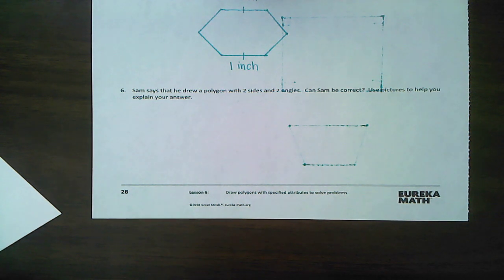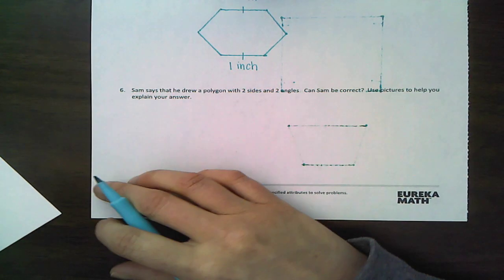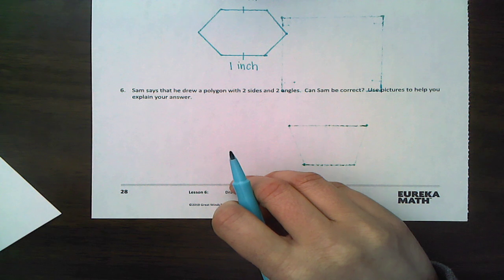Please read it with me. It says, Sam says that he drew a polygon with 2 sides and 2 angles. Can Sam be correct? Use pictures to help you explain your answer. Okay, well, so he drew a polygon with 2 sides and 2 angles. Let's see. Are you able to draw a polygon with 2 sides?